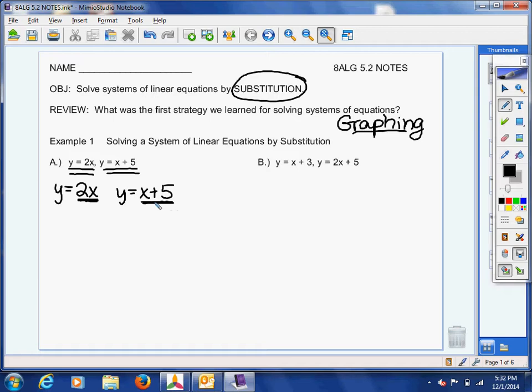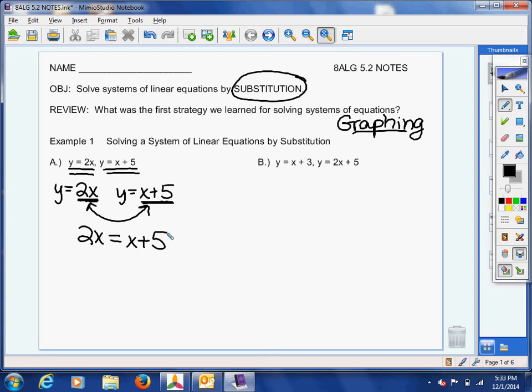So the point I'm trying to make here is I want us to use our logic. If y is equal to 2x and y is also equal to x plus 5, then logic says these two should also be equal to each other. They are both y, and y equals itself, so 2x should equal x plus 5.